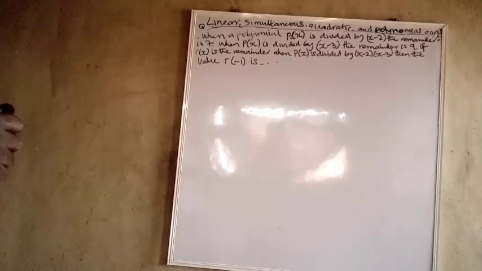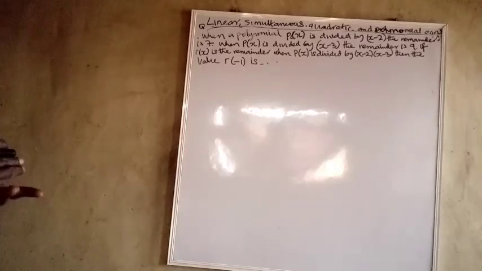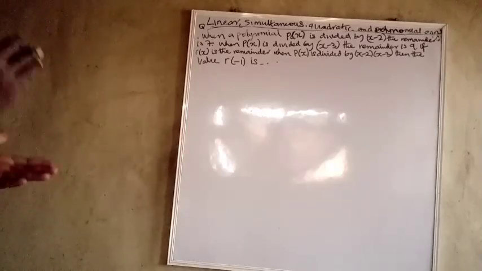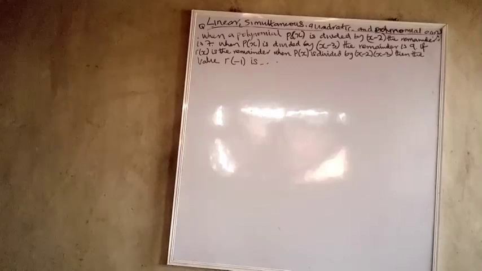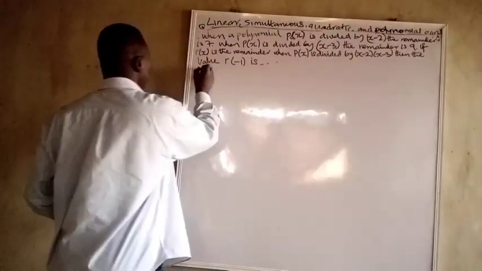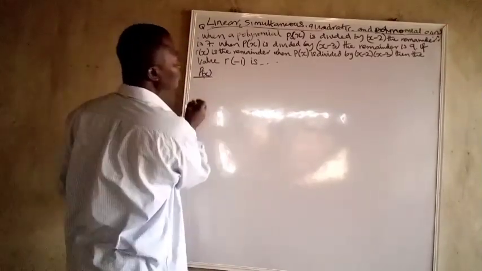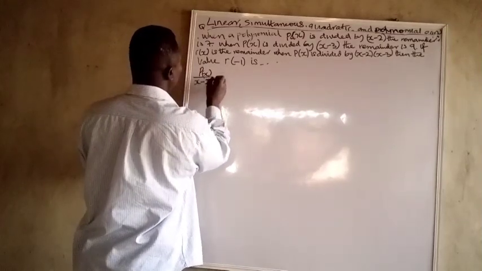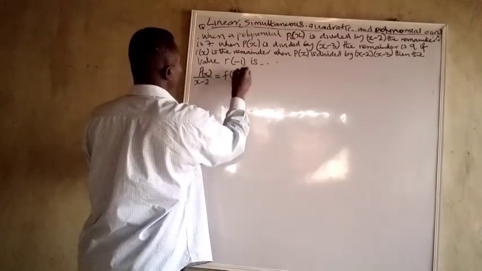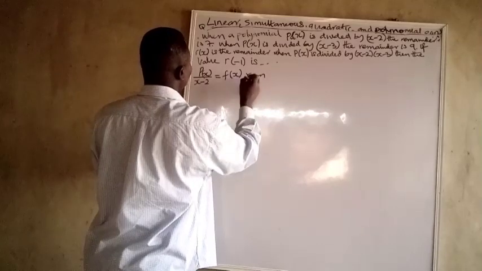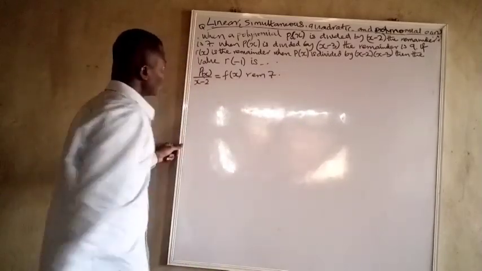When a polynomial px is divided by x minus 2, the remainder is 7. When px is divided by x minus 3, the remainder is 9. If rx is the remainder when px is divided by x minus 2, x minus 3, then find the value of r of minus 1. Let's do it like this. When px is divided by x minus 2, we have fx, remainder 7.